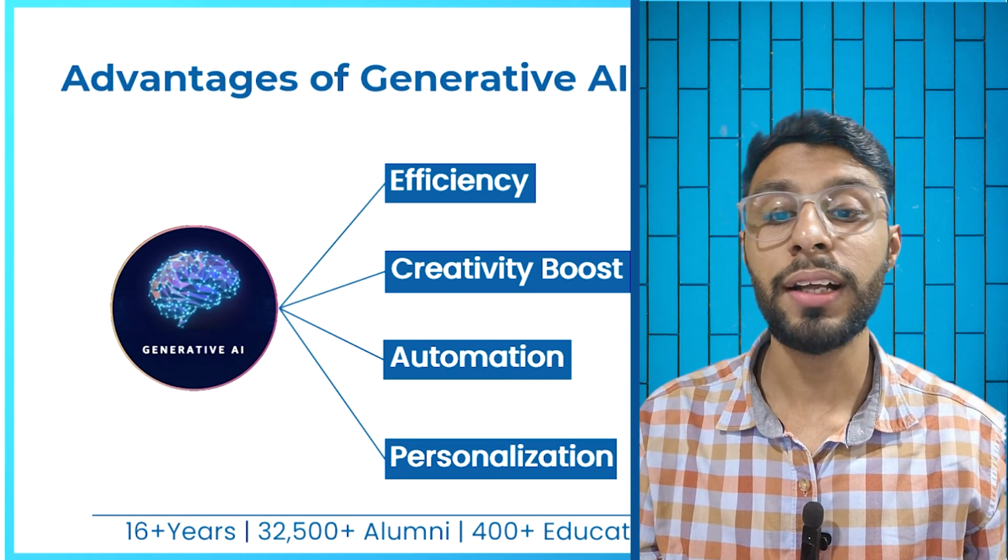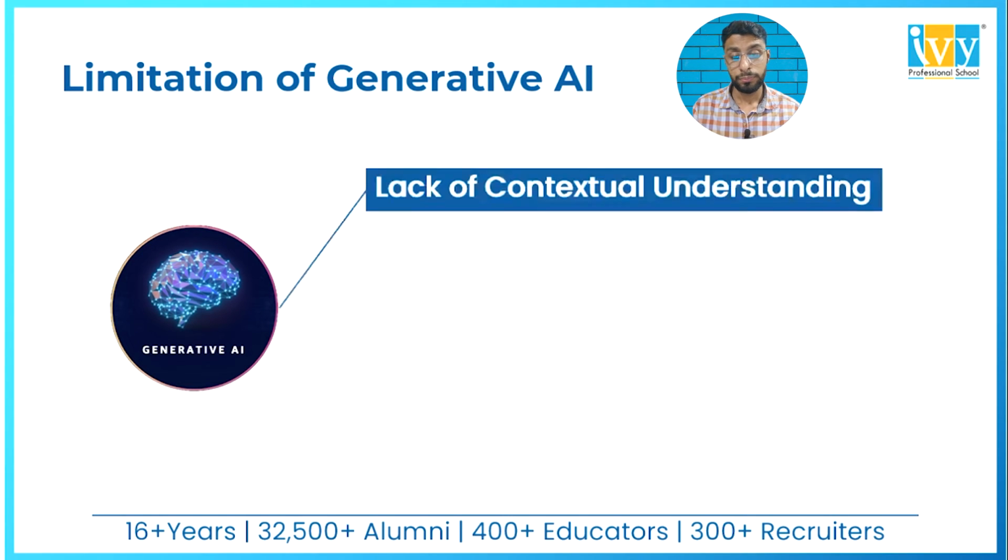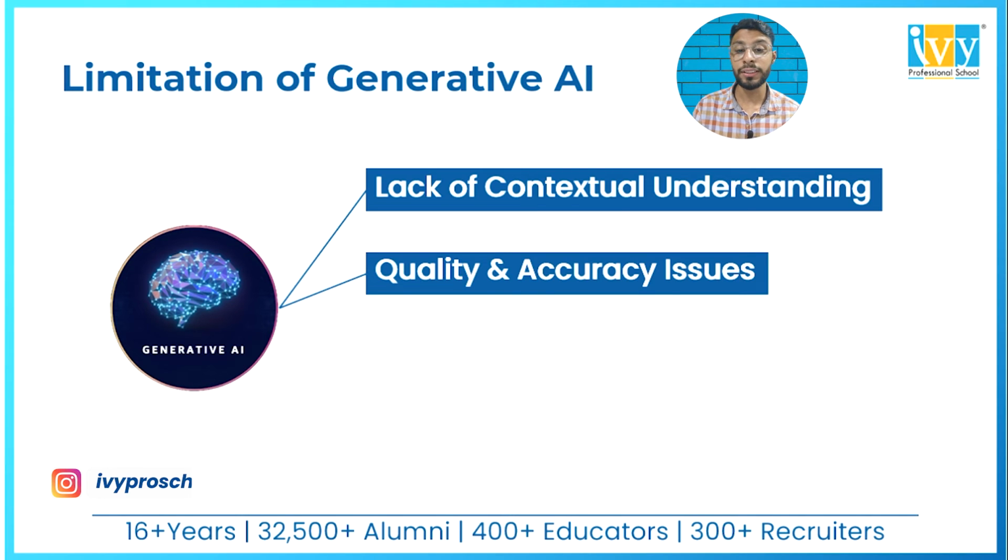Now let's talk about the limitations of generative AI. Lack of contextual understanding. AI generates content based on patterns but lacks true comprehension, which can lead to irrelevant or nonsensical output. Quality and accuracy issues.